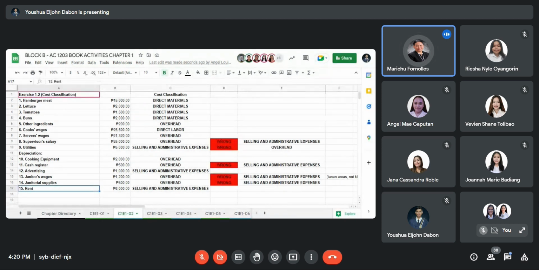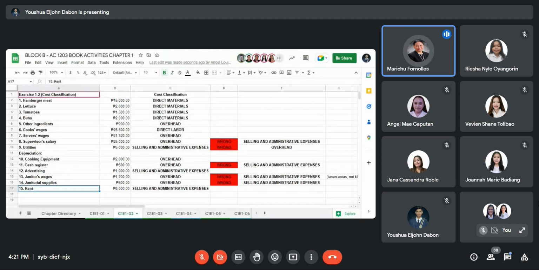Kining cost classification requires familiarization in terms of the product the company produces, the department to where you are assigned, and the cost where the said item is incurred. Para you will know what is the proper treatment of such cost.